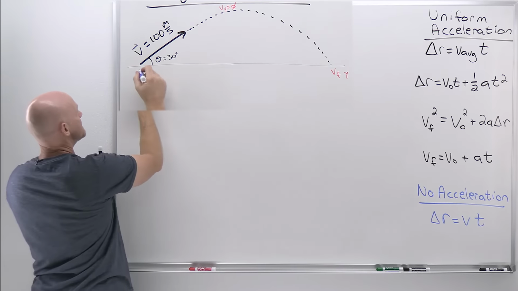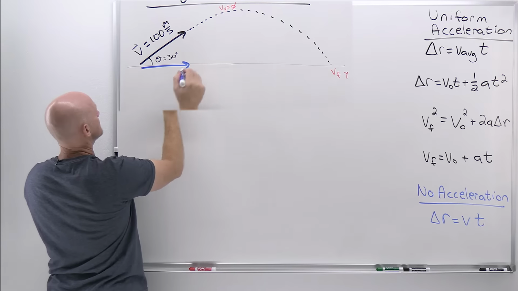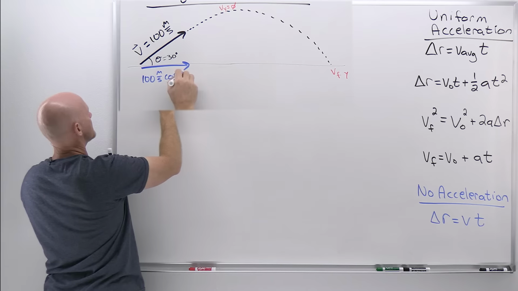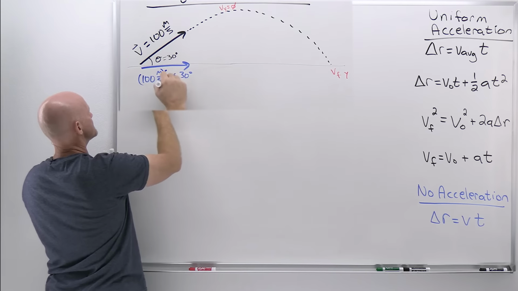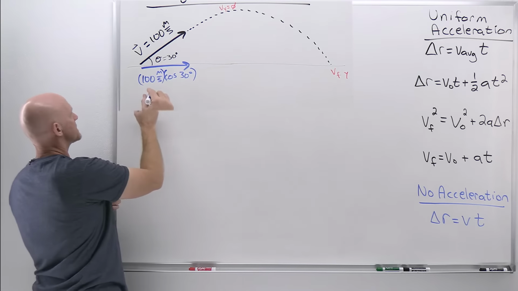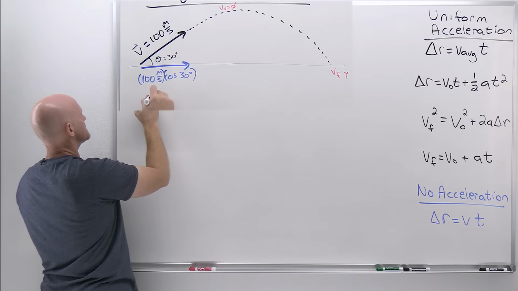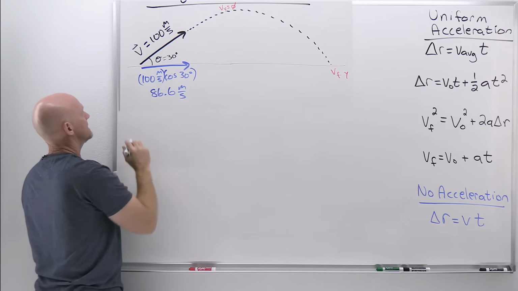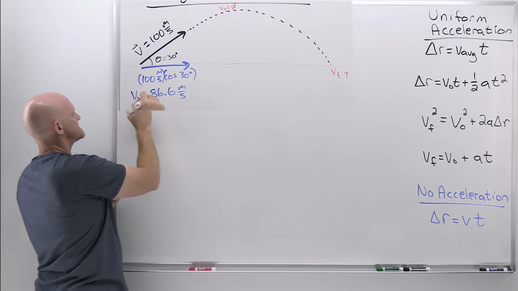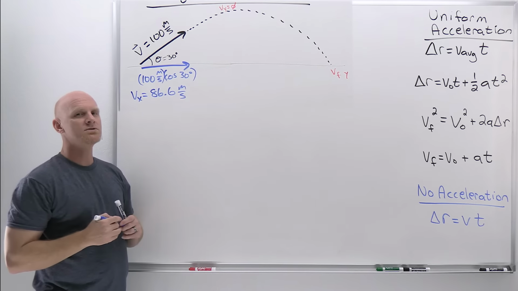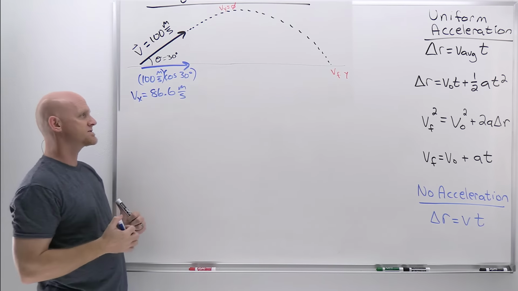And so our x component here is going to be 100 meters per second times cosine of 30 degrees. Cosine of 30 is 0.866, so you work this out. This is going to come out to 86.6 meters per second. That should sound a little bit familiar because that was the x velocity we used back in the first one-dimensional problem we did just a little bit ago.